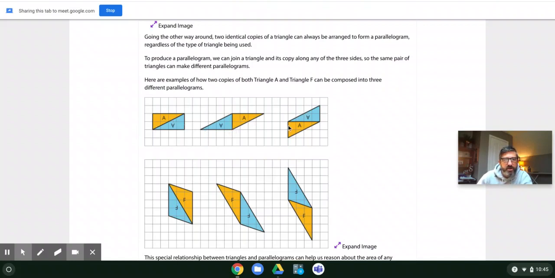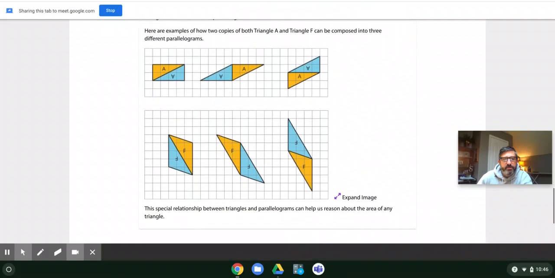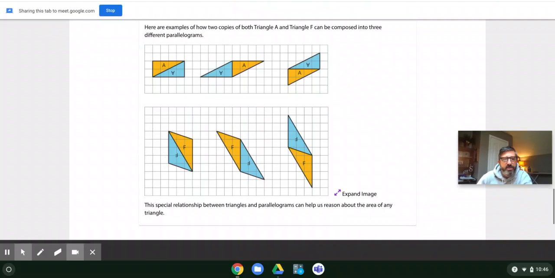And all these triangles are the same size, so you can see we can compose different shapes here. We've got a rectangle on the left, we've got a parallelogram in the middle, and then we've got another parallelogram on the right side. So again, here you see these triangles that are labeled F. We've got the yellow triangle here, and we have an identical triangle in the blue one here. And when we put those together, we can compose a parallelogram out of those two identical triangles.